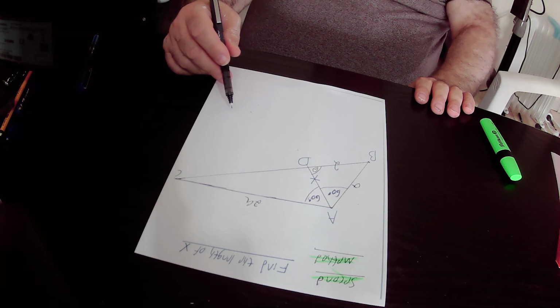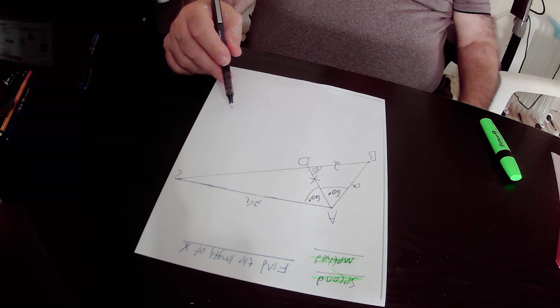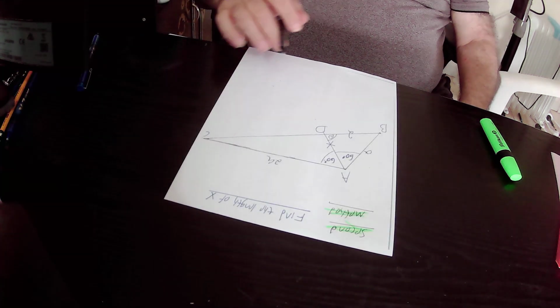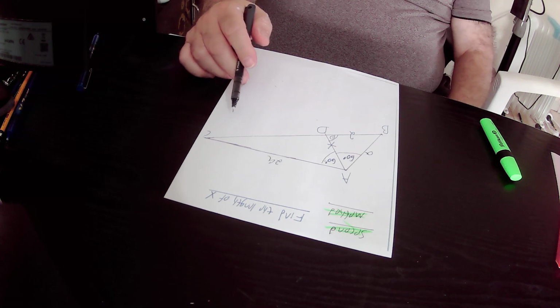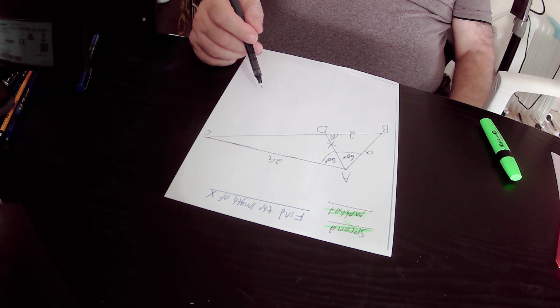Okay, and we know that the sum of the angles on one side of a straight line is equal to 180 degrees. So if we focus on the upper side of the straight line BC at point D, then the sum of the angles here must be equal to 180 degrees.